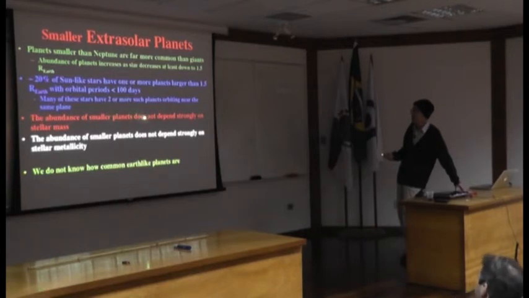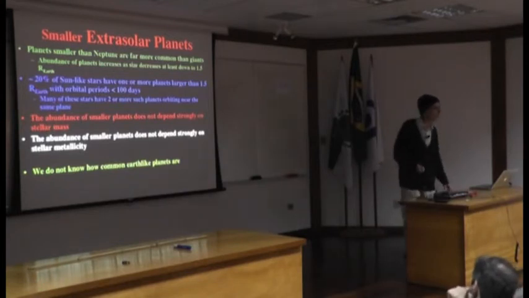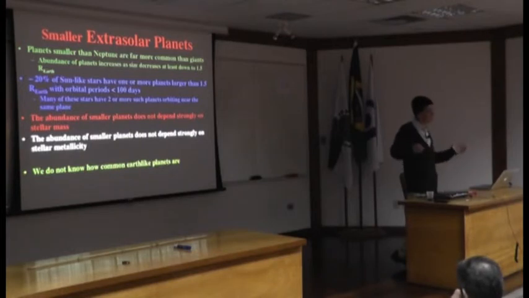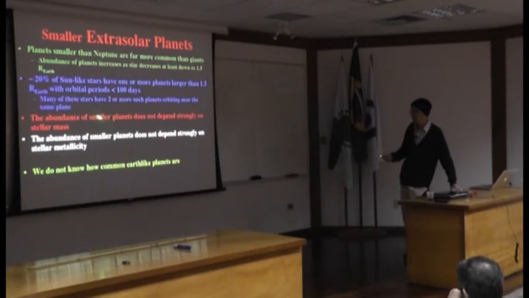The abundance of smaller planets does not depend strongly on stellar mass or stellar metallicity. So with giant planets, the more metals the star has, either because it has more mass in general or because its metal to hydrogen ratio is larger, the greater chance it has of having a giant planet, but not of a terrestrial planet.